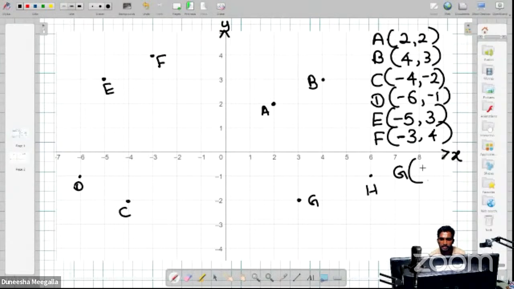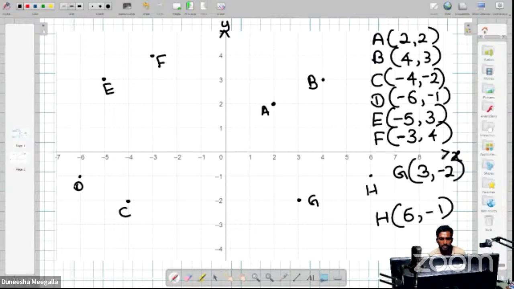What is the coordinate of point G? Akshay. What is the coordinate of G? (3,-2). Yes, (3,-2). H is (6,-1). Yes, (6,-1). Are all of those correct for you?